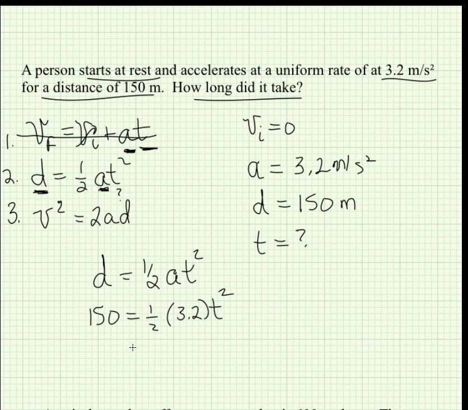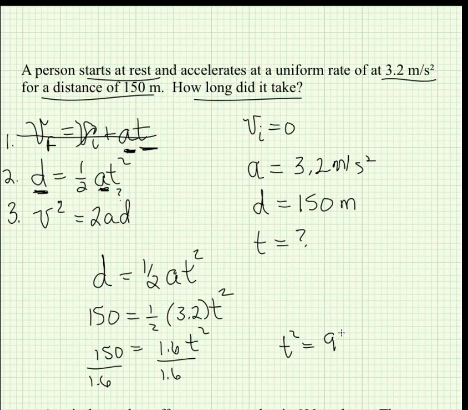These terms are all multiplied, all right? So I'm going to take 150 and we'll take what's 1/2 of 3.2, and that's going to give us 1.6 times t squared. I want to get t all by itself, so I'm going to divide both sides by 1.6, and that will give me that t squared equals 93.75.